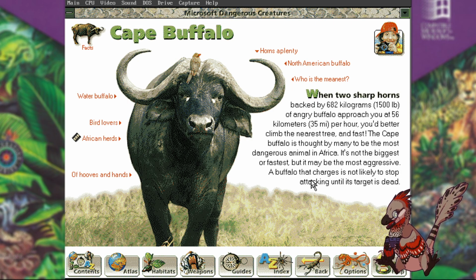Yeah, I would absolutely not get close to this thing. I mean, just look at those horns. I'm interested about this bird here. I do know that there are these birds that, especially with oxen, I believe.